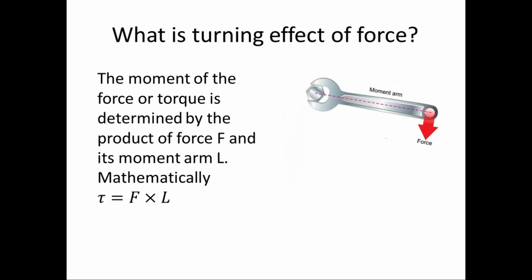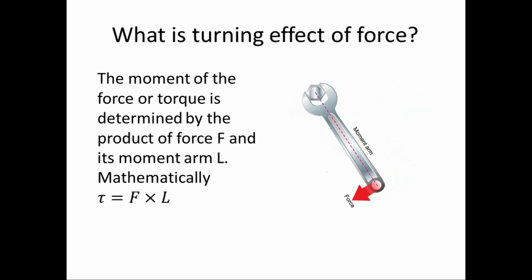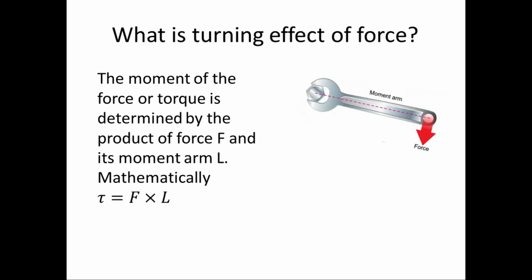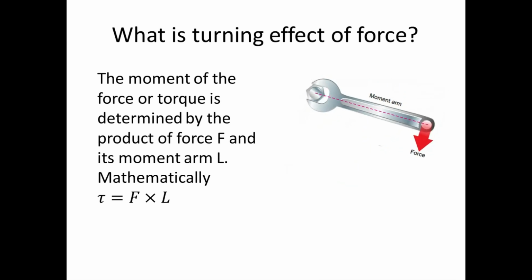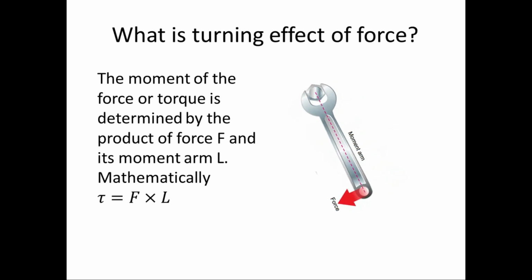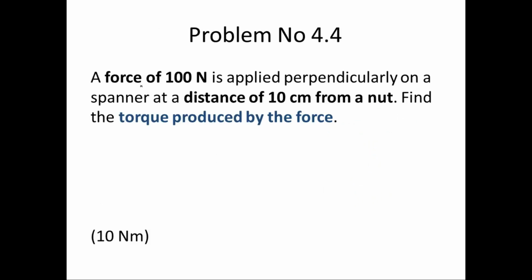So the moment of a force or a torque is determined by the product of the force and its moment arm, L. Mathematically, torque is equal to force multiplied by L. Now we have to list our given data. The force is equal to 100 Newton and the distance of 10 cm from the nut. This is our moment arm, that is L, which is 10 cm.